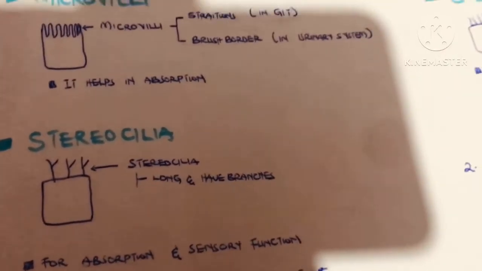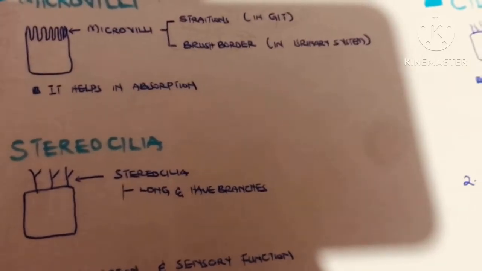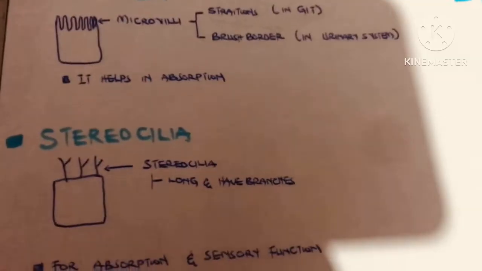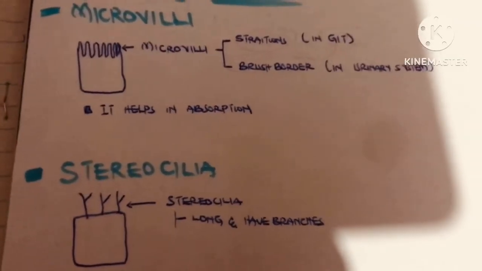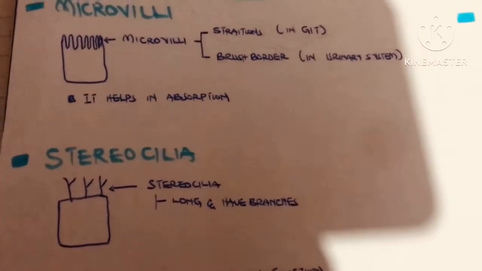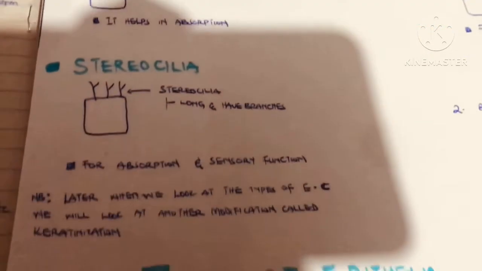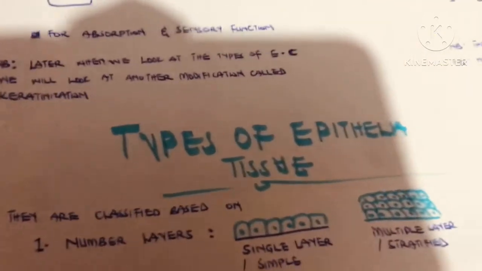Specifically for simple columnar, simple cuboidal, or pseudostratified epithelial cells. You understand? So now let's look at the types of epithelial tissue.